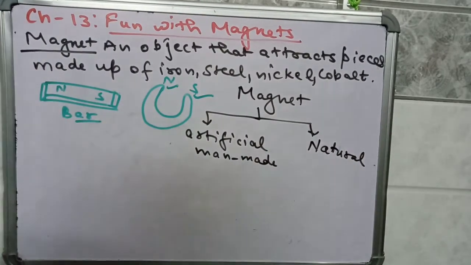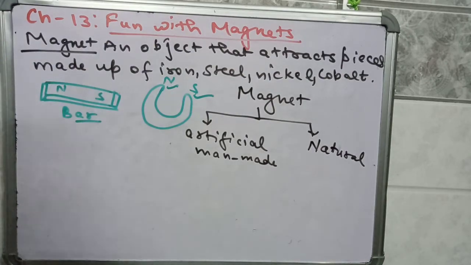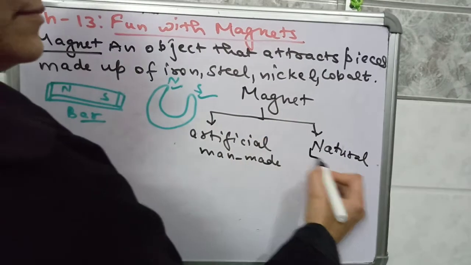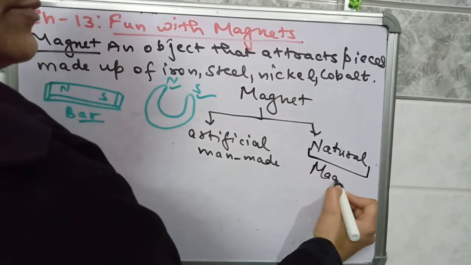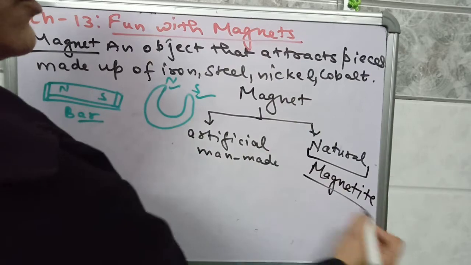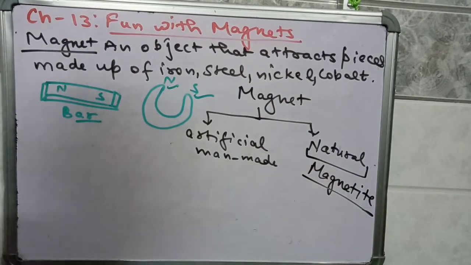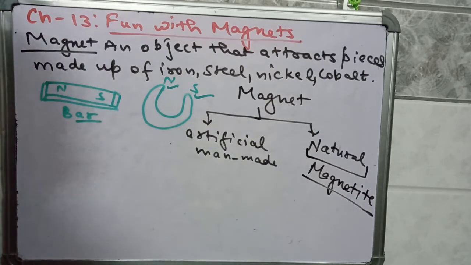Okay, so magnets are of two types, natural magnet and artificial magnet. Natural magnets are also known as magnetite. Okay, natural magnets are obtained from the surface of the earth, from the rocks. Natural form of magnet is also named as magnetite, and we can construct the artificial permanent magnet.